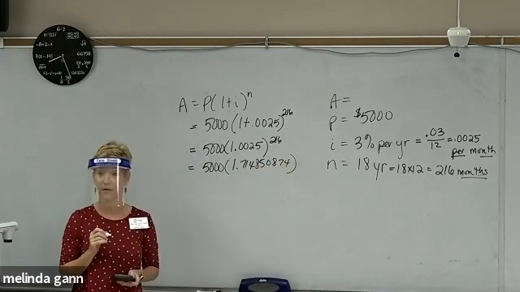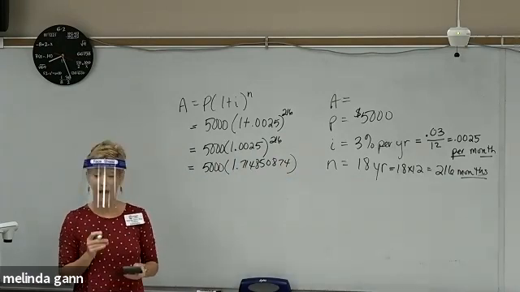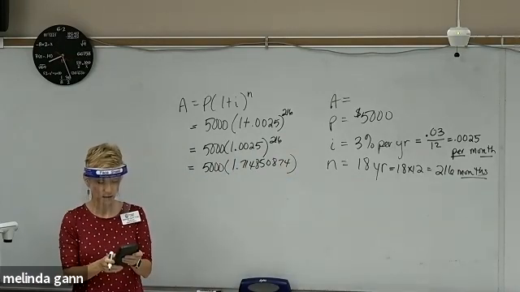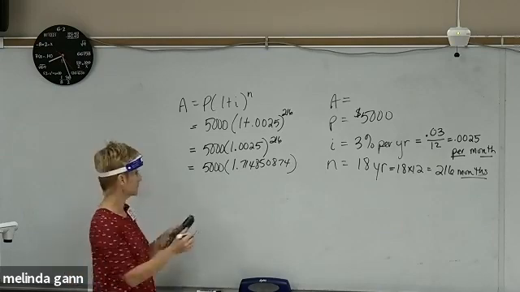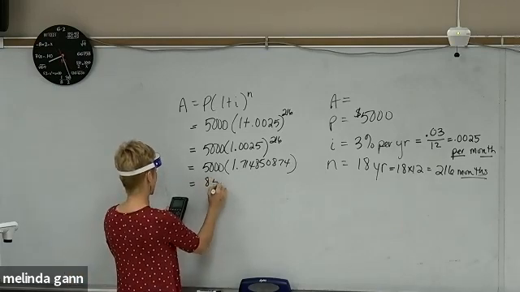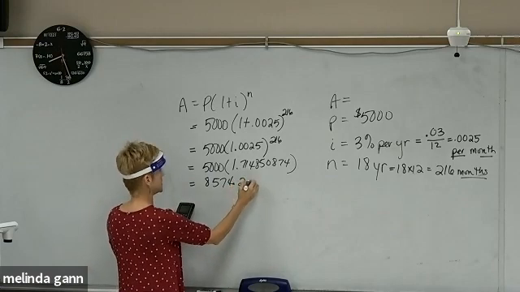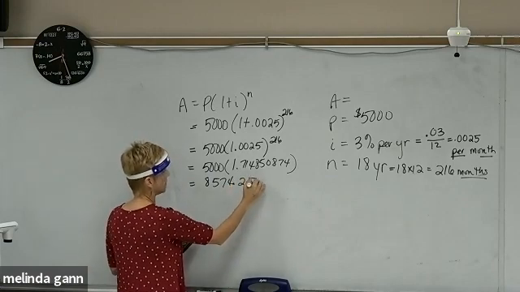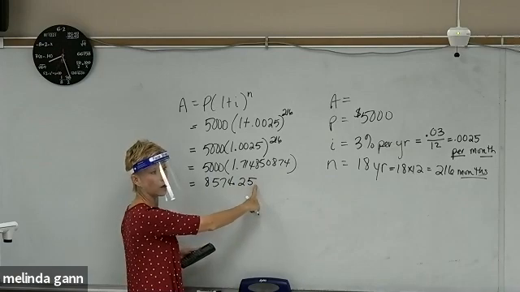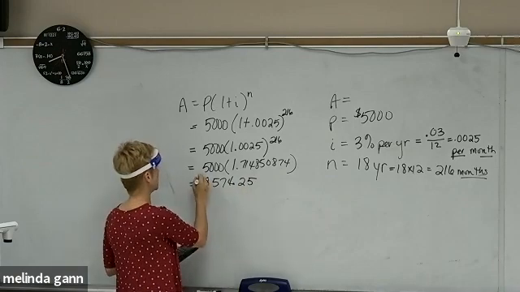Did y'all get something close to that? And then my last step is just to multiply by what? 5,000. So that's where I got $8,574. Now is it going to be 25 cents or 26 cents? 25, because that number was a 4. So I don't round up.